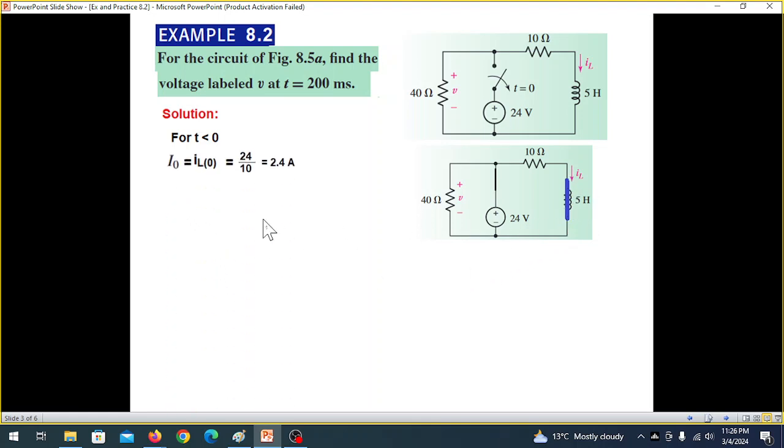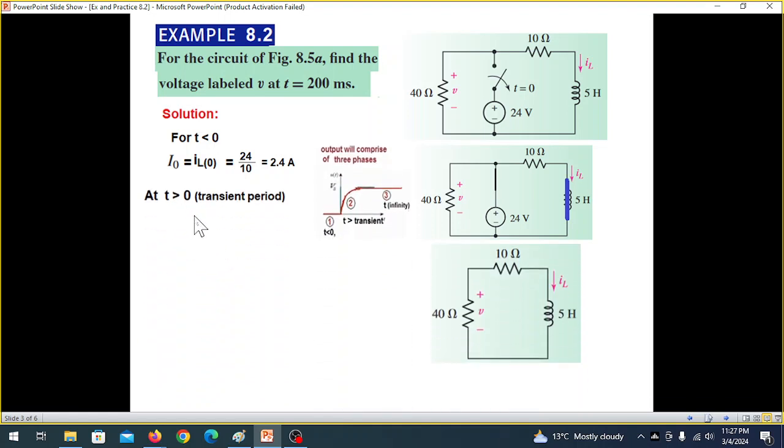So from this circuit, now we can find the IL(0) at t less than 0. The voltage flowing through this path will be 24 divided by 10. So 2.4 ampere will be the IL(0).